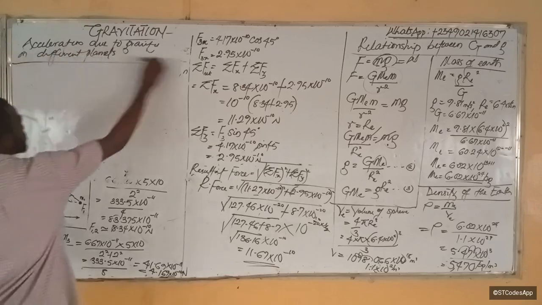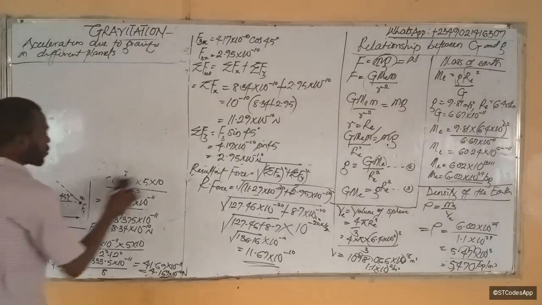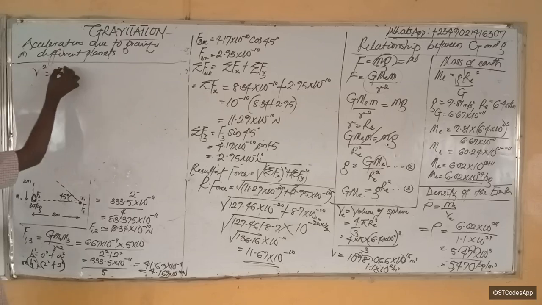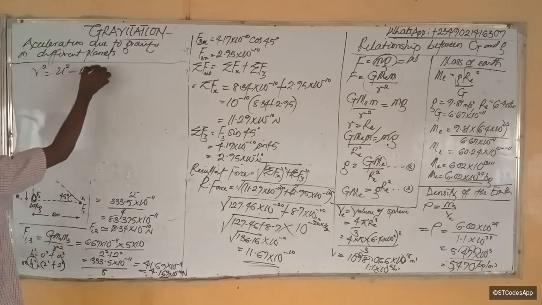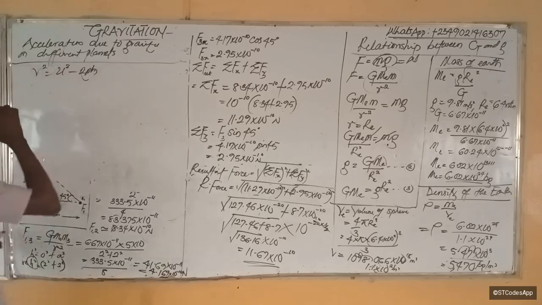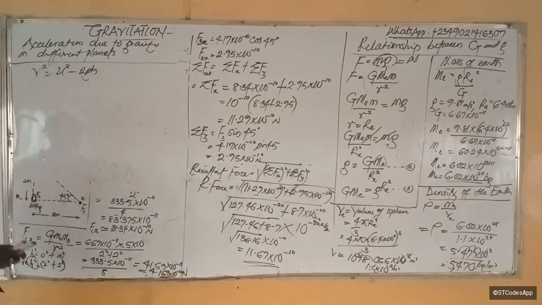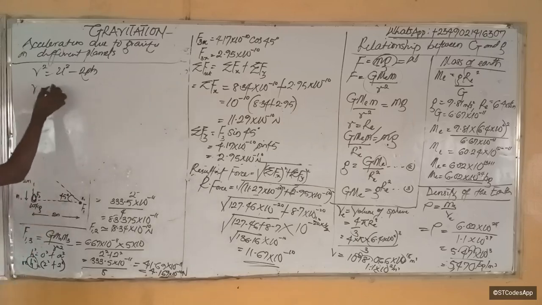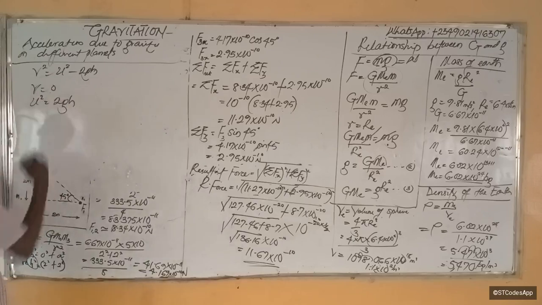Now, here's what you come to find out. You recall that if an object is thrown up, v squared will be equal to u squared minus 2gh. If the object gets to the top, the v will be equal to what? 0, right? So u squared therefore will be equal to 2gh.